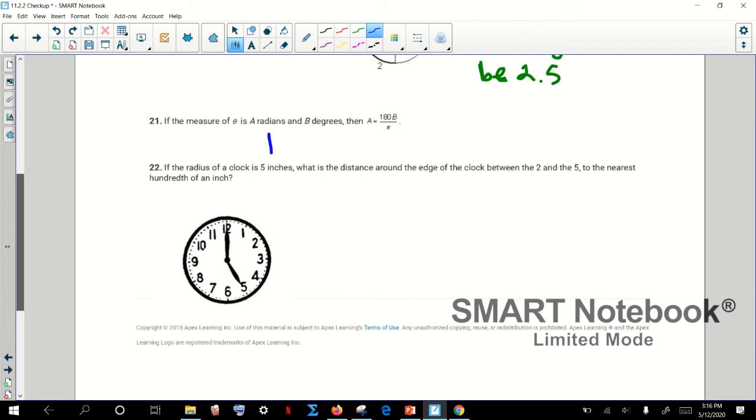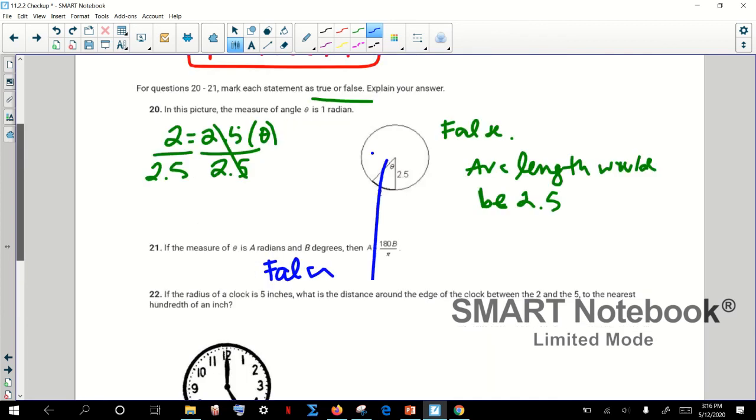So this is actually false, okay, because A would be equal to B times pi over 180. Alright, because if B is in degrees and A is in radians, in order to get B to be equal to A, we'd have to multiply by pi over 180 to get B into degrees, or into radians, sorry.